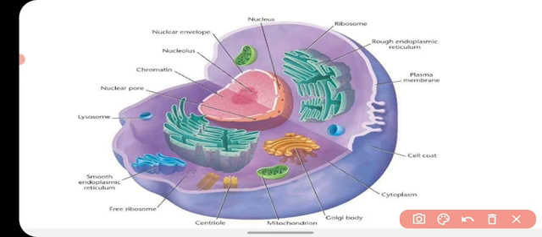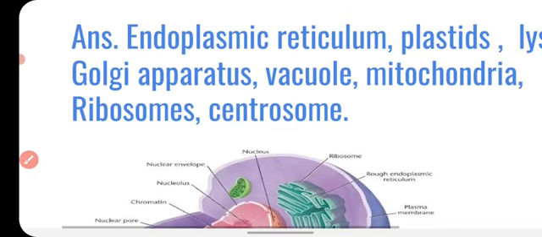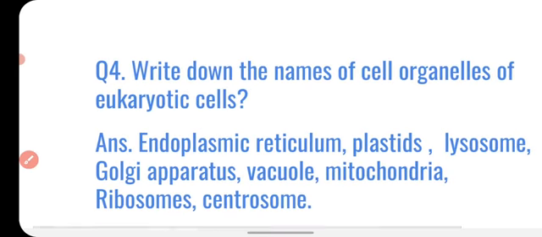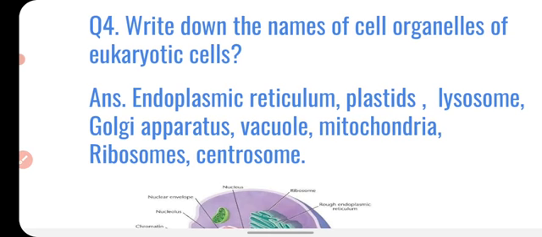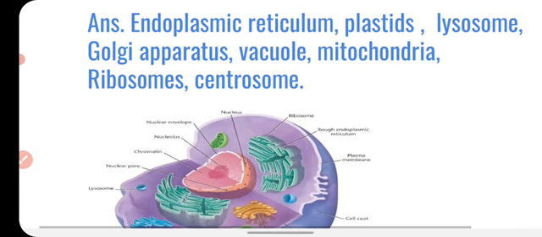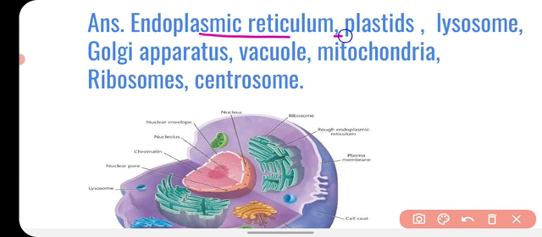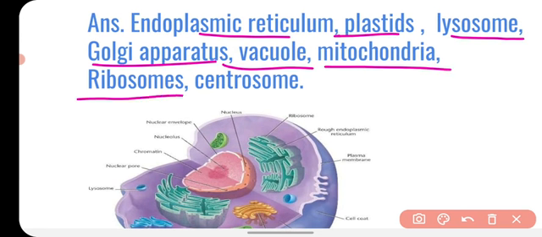All the components are present in the eukaryotic cells, and you have to write the names of the organelles which are found in the eukaryotic cell. And you know that eukaryotic cells have lots of membrane-bound cell organelles like endoplasmic reticulum, plastids, lysosome, Golgi apparatus, vacuole, mitochondria, ribosome, and centrosome.